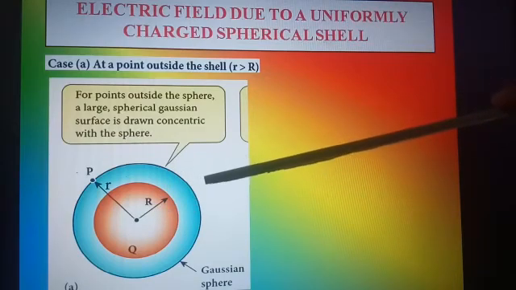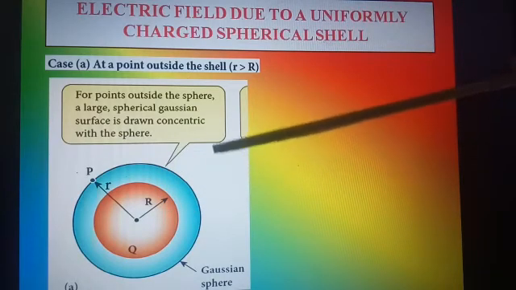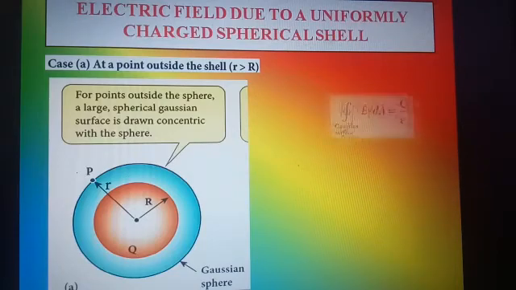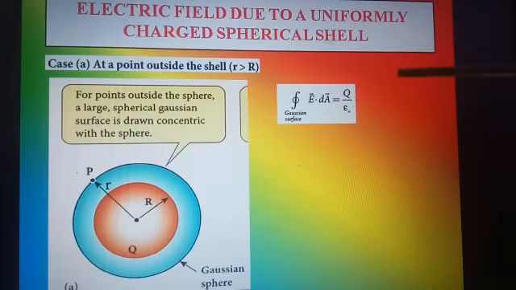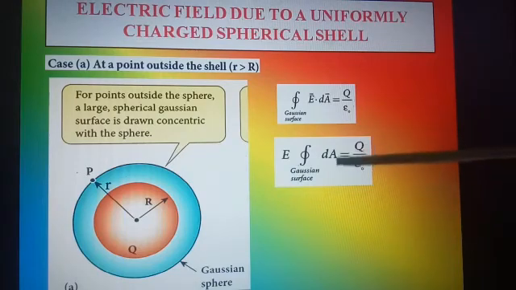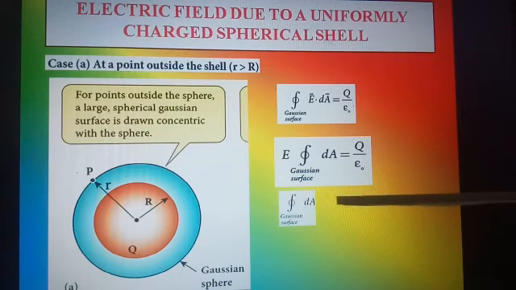The charge is uniformly distributed on the surface of the sphere. When applying the Gauss law, we get the equation: integration over the closed surface of E vector dot dA vector is equal to Q by epsilon naught. The value of the integration of dA is 4 pi r square.